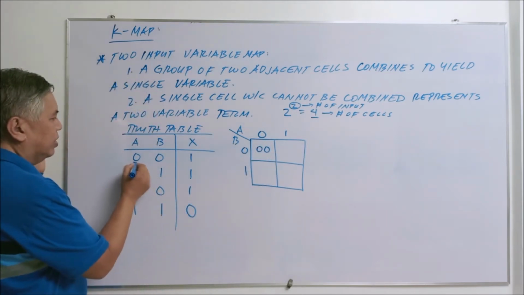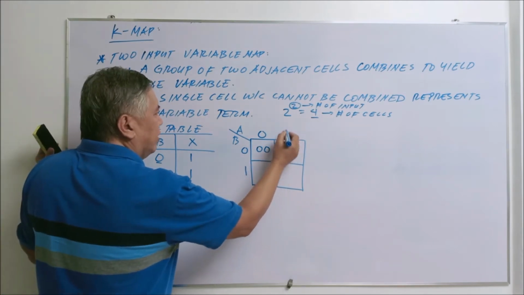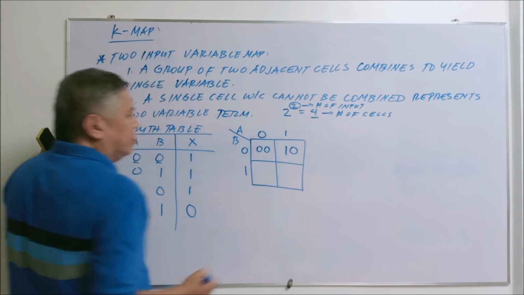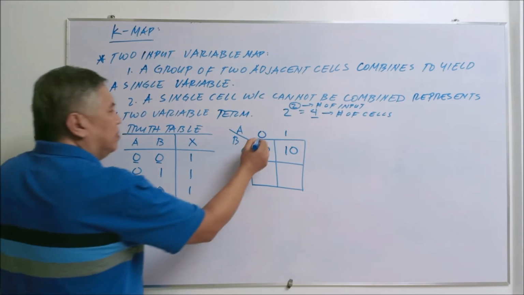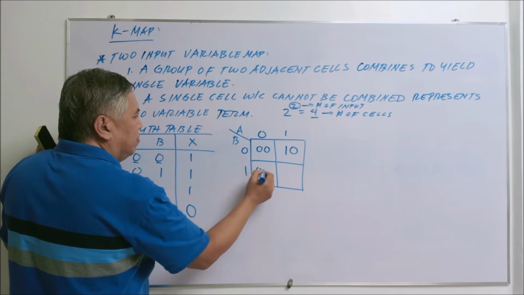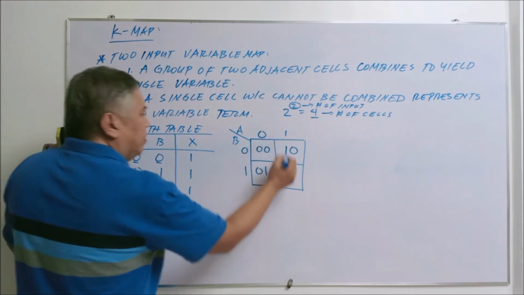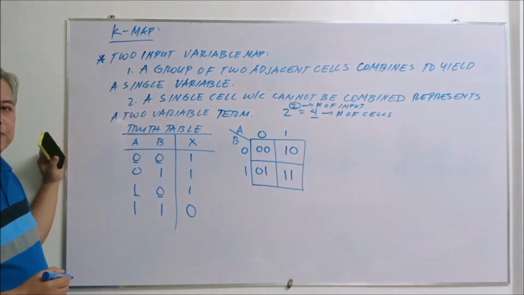This cell here has a value of A is 1 and B is 0. This cell here contains A which is 0, and B which is equal to 1. And then we have here A is 1 and B is 1.